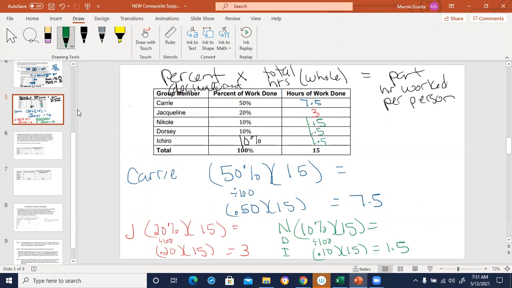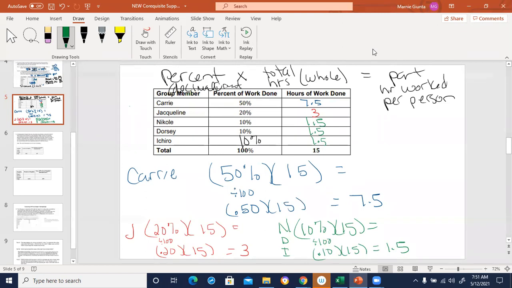So I filled in my chart, I'm done, right? Well, I would never just fill in a chart and then walk away. I would always want to look back at my results and ask myself, do these make sense?